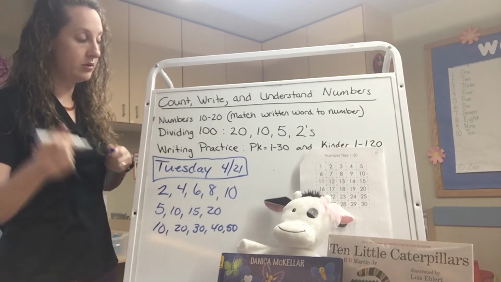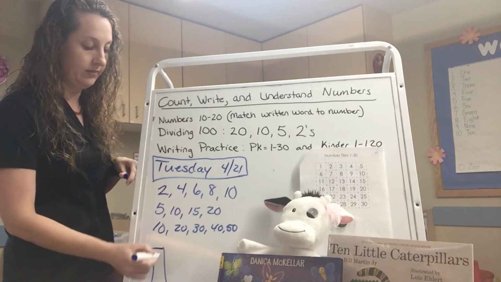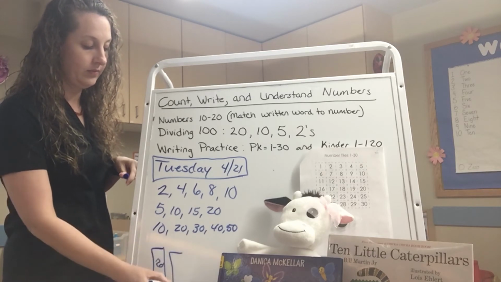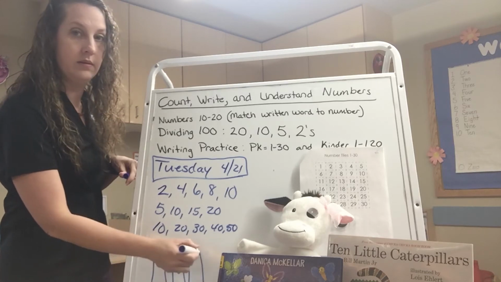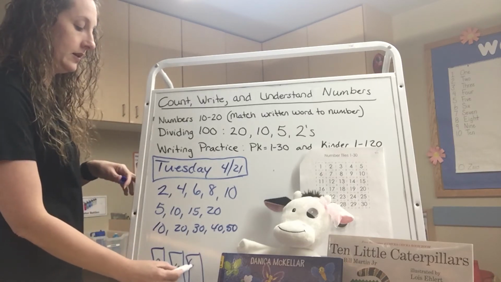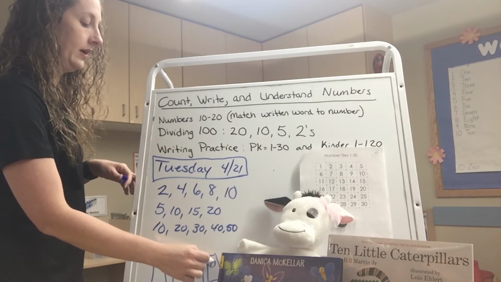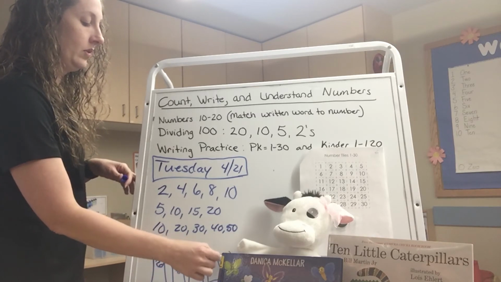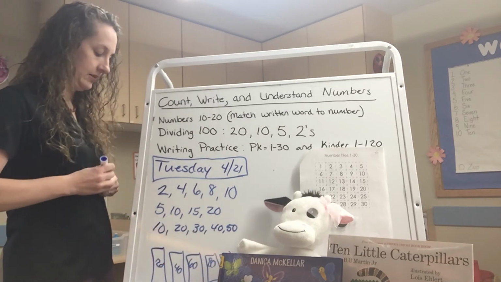So do you have the most groupings when you're doing groups by 20? 20, 40, 60, 80, 100. So how many groups do I have with this?